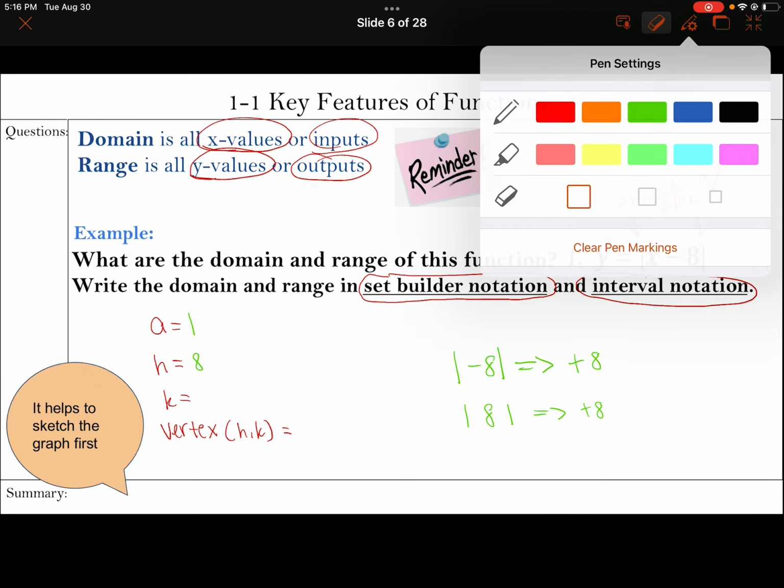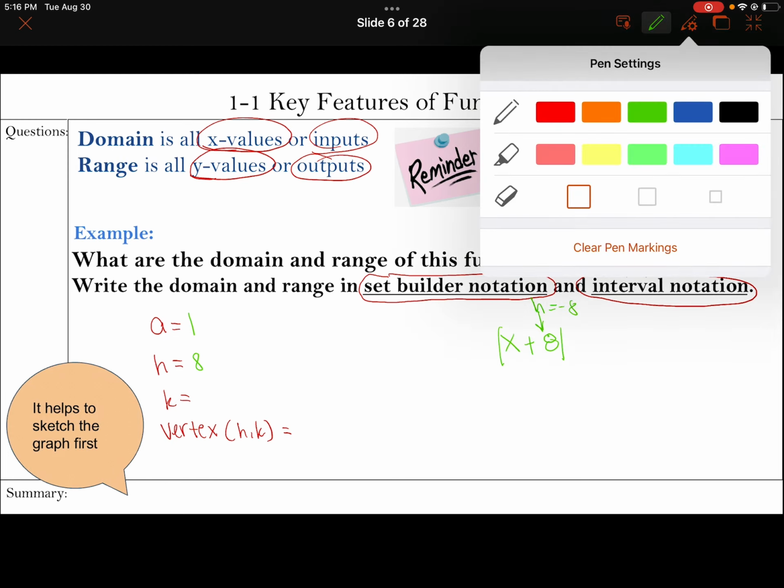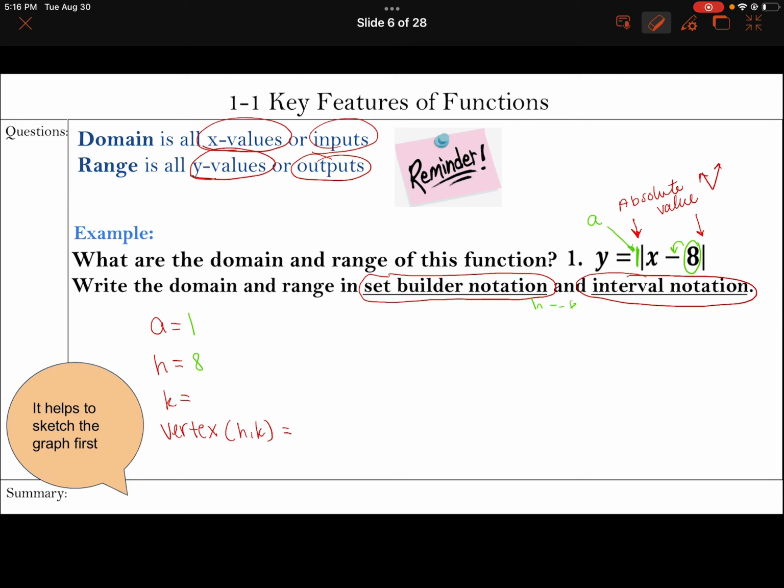But if we're finding for HK, so if I had X plus 8, my H value will be negative 8. So don't confuse that.